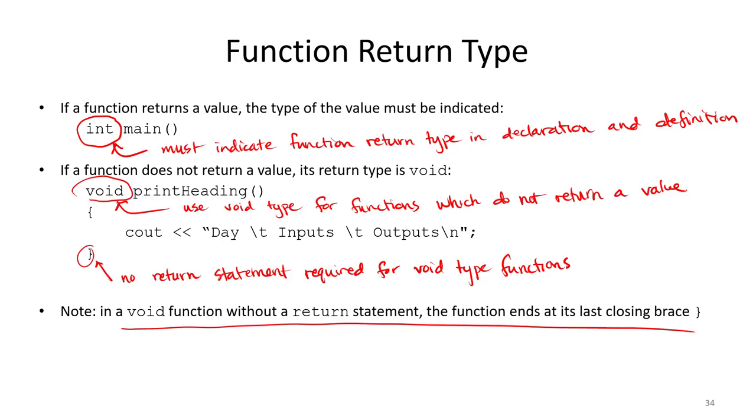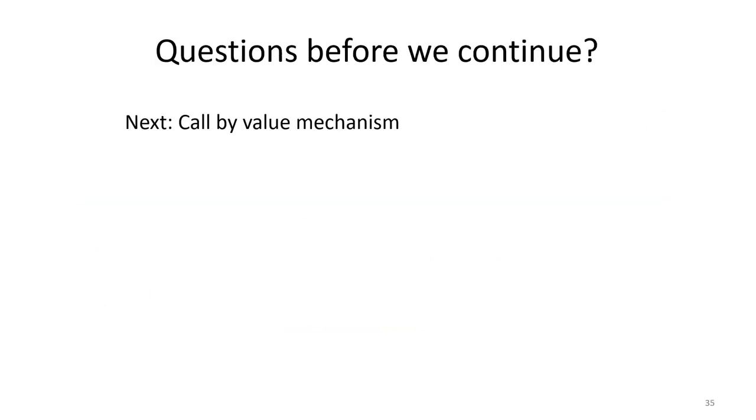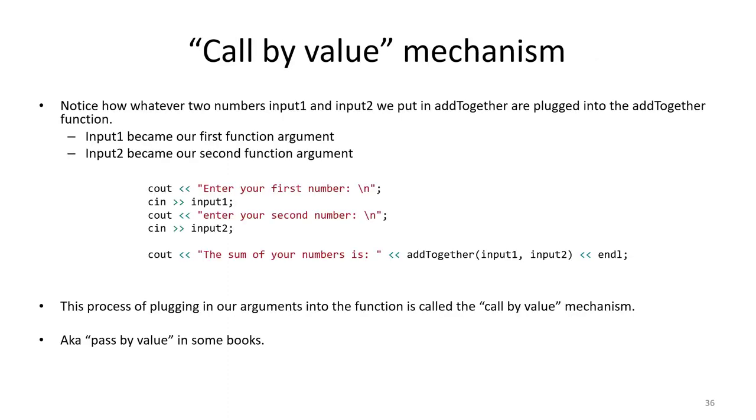Okay, so we've got just a couple more points to cover, and then we'll do some examples. So let's cover real quick this idea of call by value or pass by value. You'll notice that when we were doing our sample code earlier, whatever we put in input 1 became our first argument.